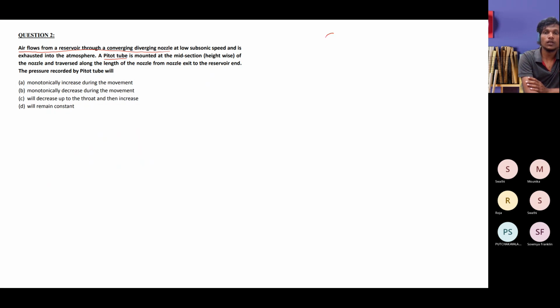Let's draw the reservoir again. We already drew the reservoir in the previous presentation. So let's draw the same reservoir, and we have a convergent-divergent nozzle here.